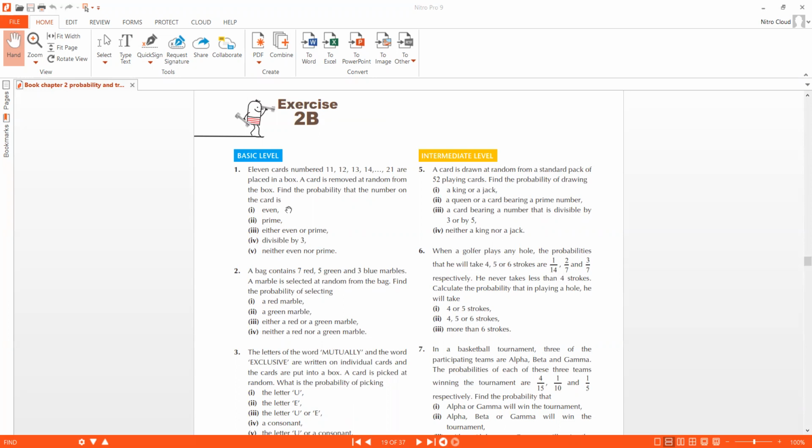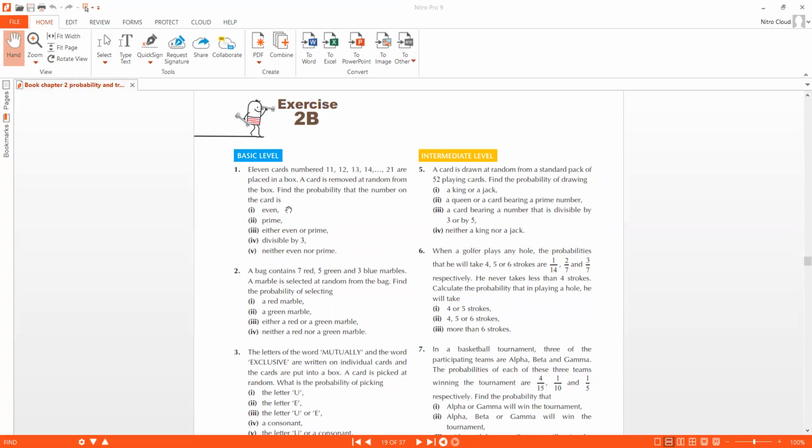You have 12, 14, 16, that's right, but the total numbers are 11, not 10. Why not? It's just 11, 12, 13, 14, 15, 16, 17, 18, 19, 20, and 21. So the total numbers are 11. So 5 out of 11.